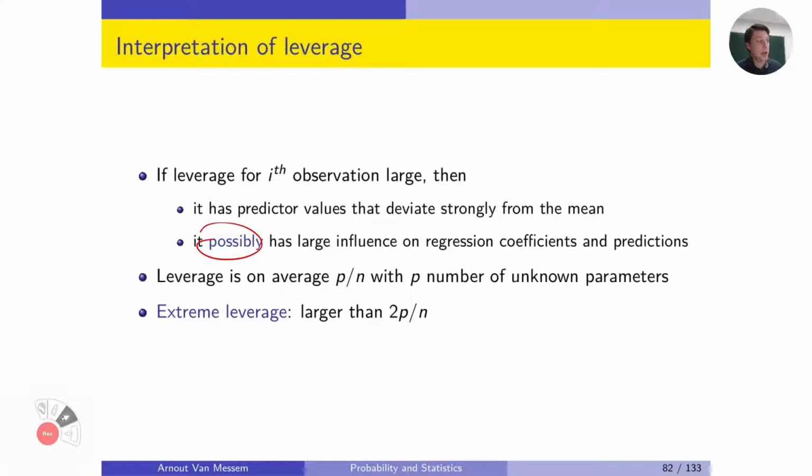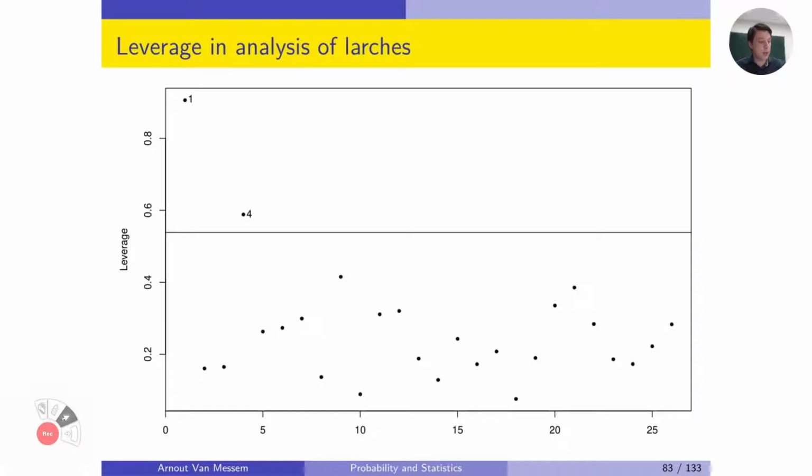The average leverage is p over n, with p the number of unknown parameters and n the total number of observations. And then we say leverage is extreme if it is larger than 2p over n. In our case, so the example of the largest, we had n is 26, p is 7, and so the extreme value, or the cutoff value here, this is 2p divided by n, or 14 over 26, which is 0.54.